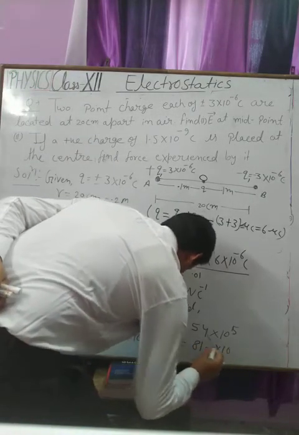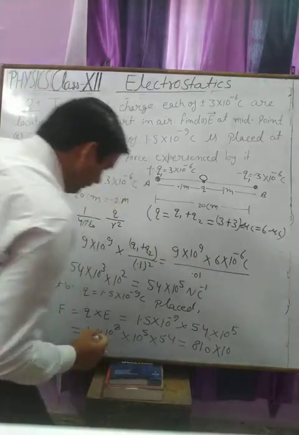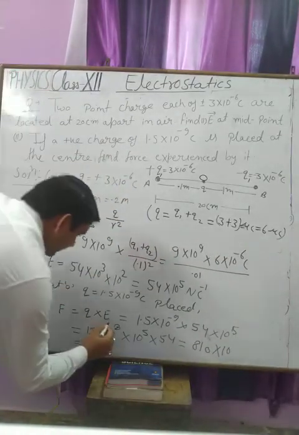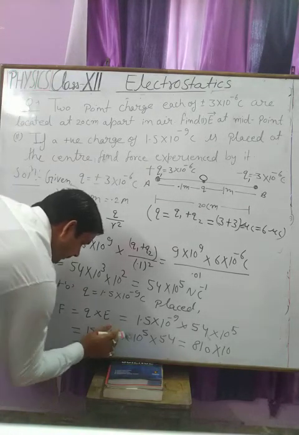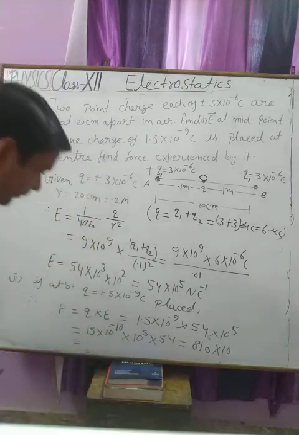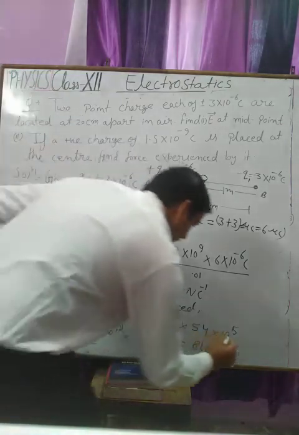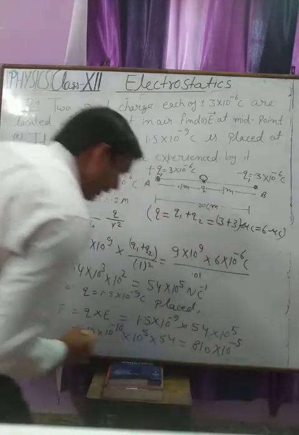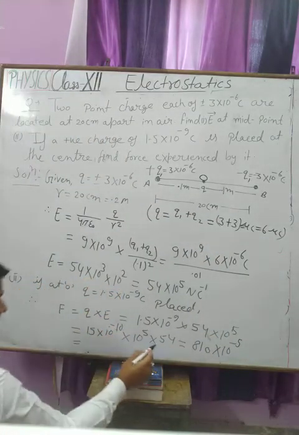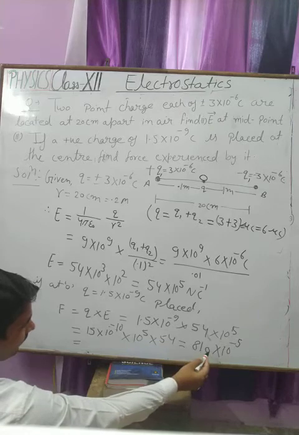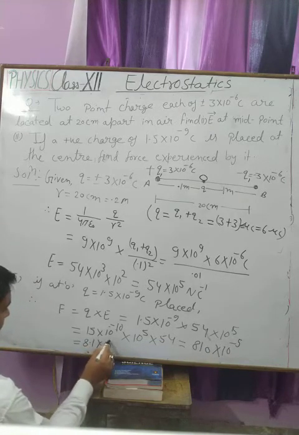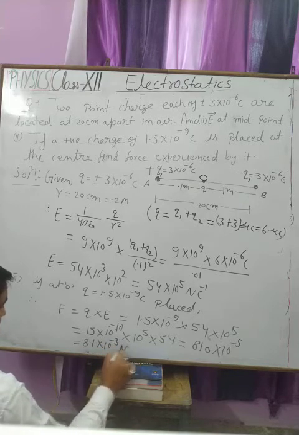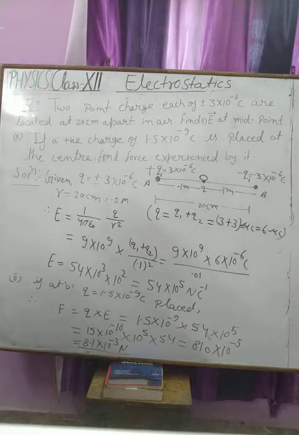Into 10 to the power, this value is minus 10, on solving this becomes minus 5, and the final result is 8.1 into 10 to the power minus 3 Newton. This is the result.